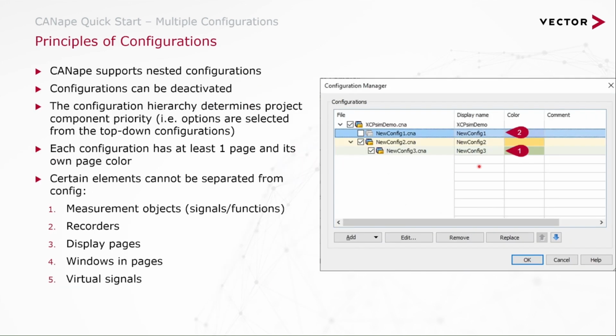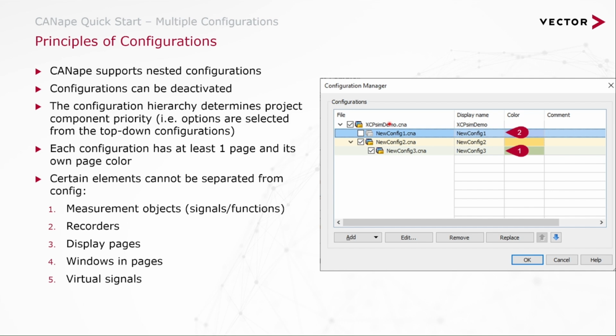CANape supports nested configurations. So as you can see in the tree on the right, you have a structure basically, a hierarchy, if you will. The hierarchy defines the order of settings to use. So the main configuration at the top will be the priority, and then you'll go down the list.